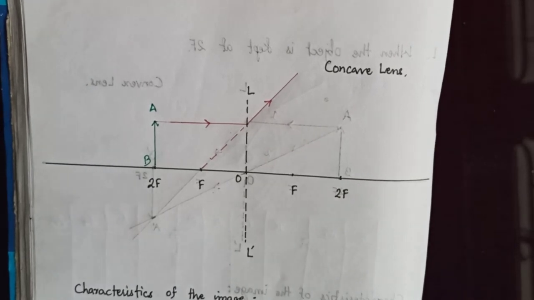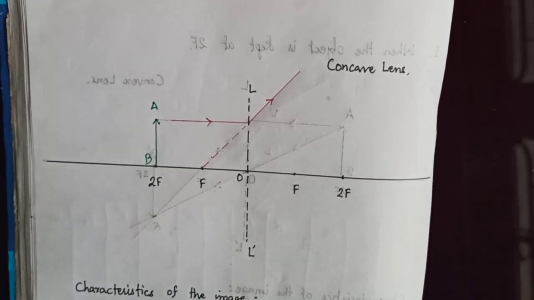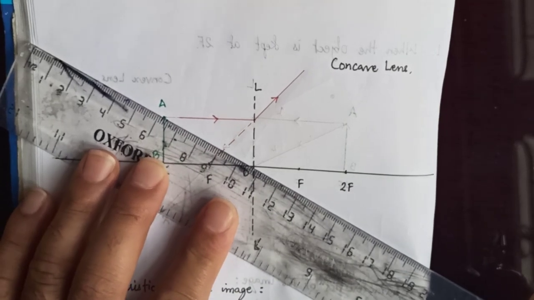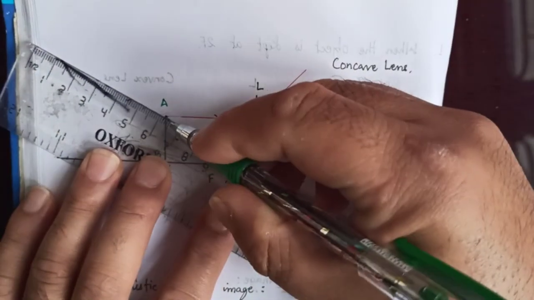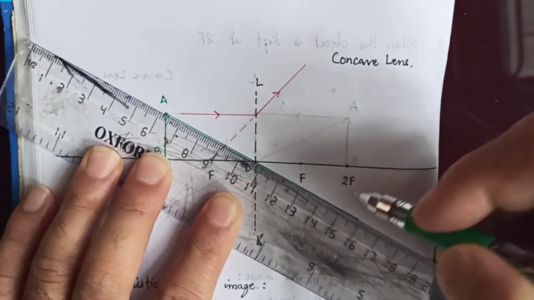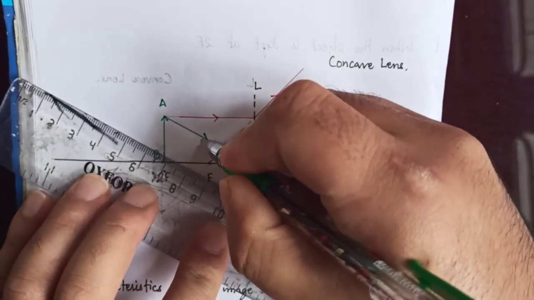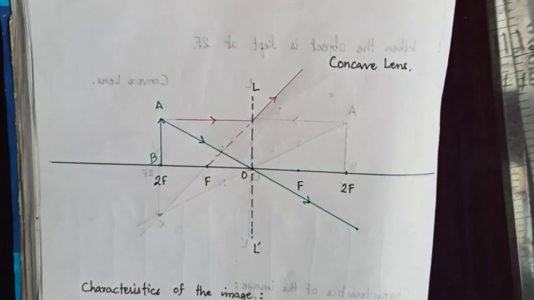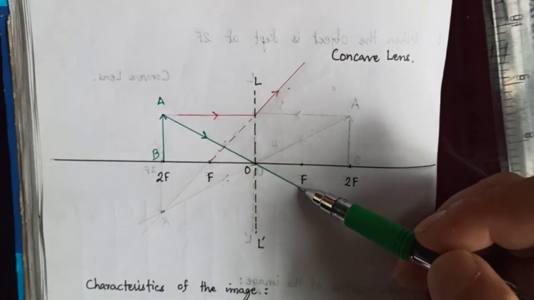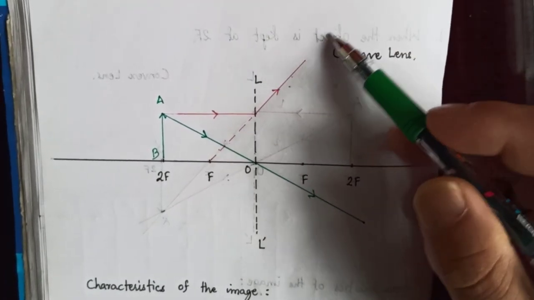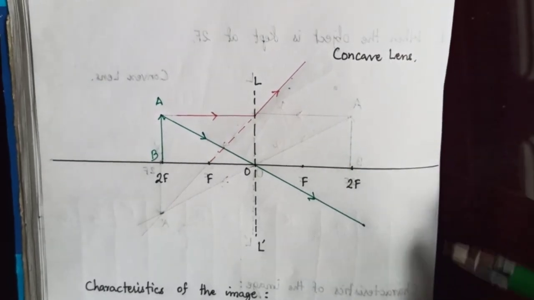Another ray of light we take from the same point A, and this ray of light passes through the optical center. And you know, when any ray of light passes through the optical center, it passes without any deviation, goes out straight like this. These are the two refracted rays. These refracted rays are diverging, which means if they are produced in the forward direction, they will not meet.